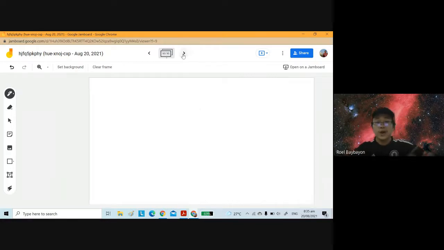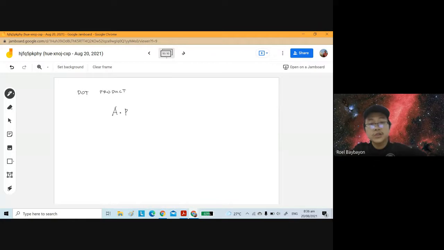Also, we have this definition of a dot product, A dot B, which is equal to AB cosine of theta. Sakto? Or you can also write this as AB cosine of theta AB.